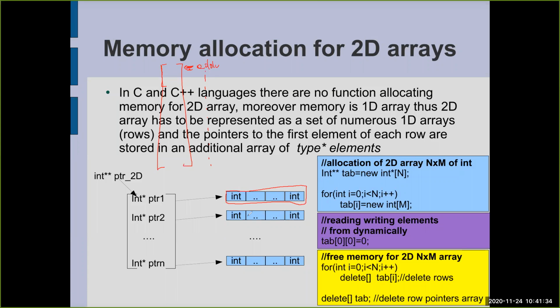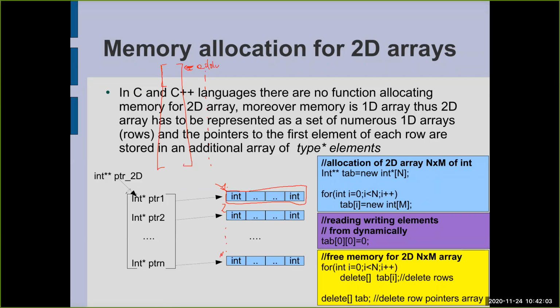Let's say I have the first row, the second row, and the nth row. Every row is a one-dimensional array, but every row has a pointer, so it has an address.